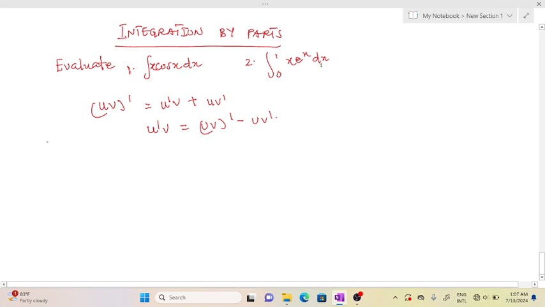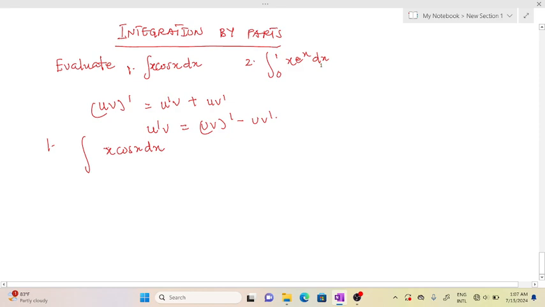For the first problem, we have the integral of x cos x dx. Here, you simply have to get your u and your v.